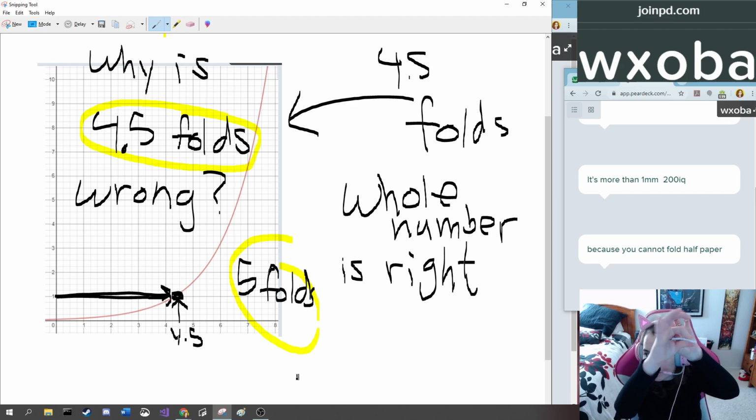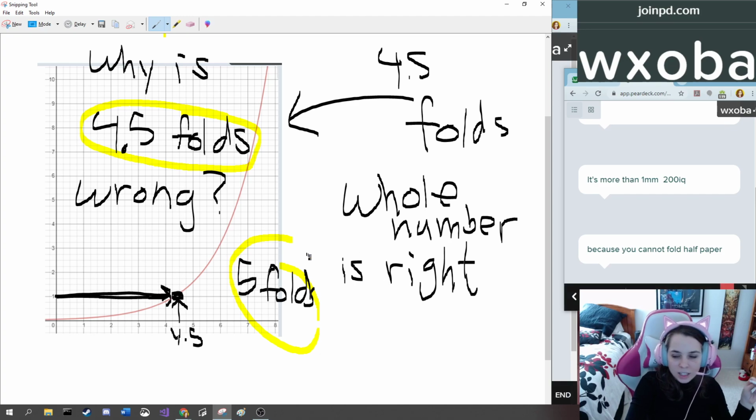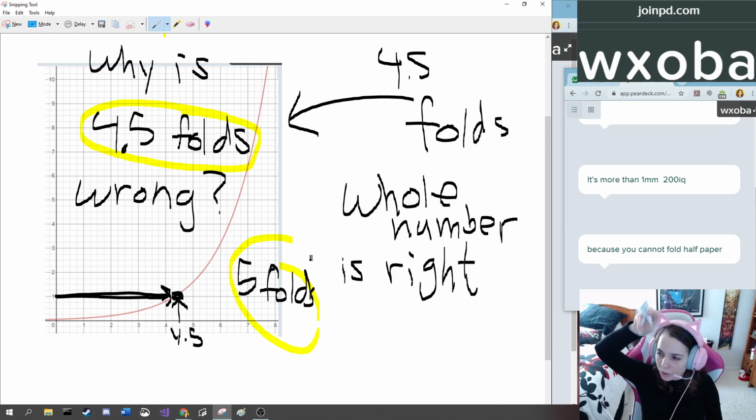It's either going to be the 5th fold is more than a millimeter, or the 4th fold is more than a millimeter. So the reason this student is incorrect is because you cannot fold half a paper. You either folded it fully or you did not.